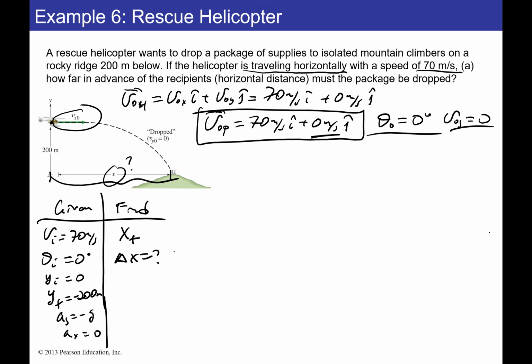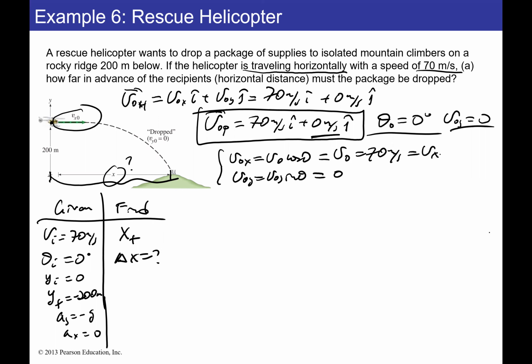All right. So again, what we do here is, when you try to do this, v naught x equals v naught cosine theta, v naught y equals v naught sine of theta, you're right away going to get that this equals v naught, and this equals 0. So v naught x here is 70 meters per second, which means this is our Vx, because Vx is never going to change.